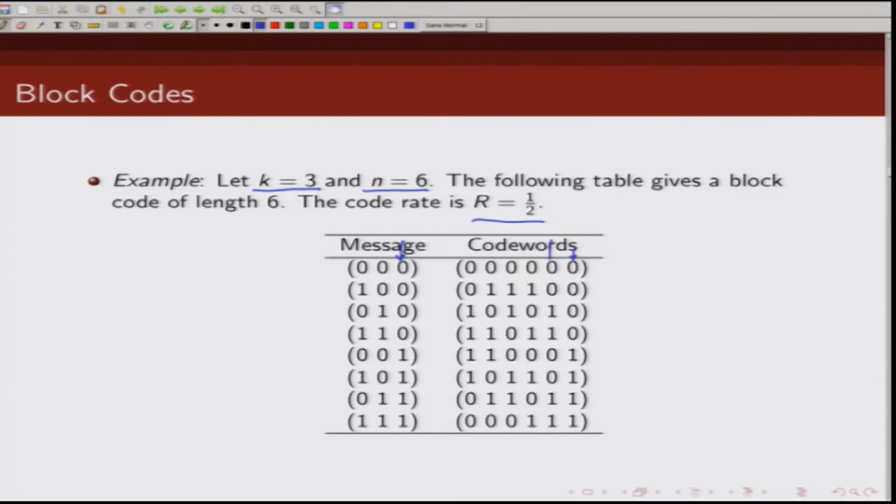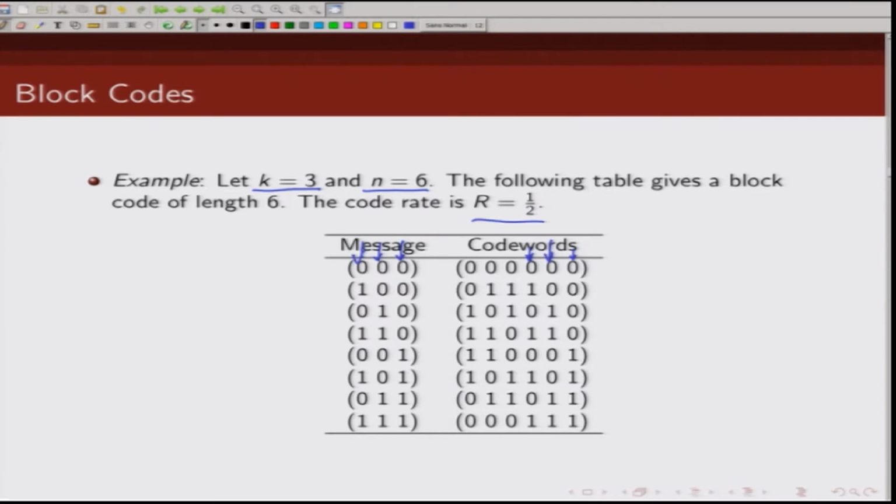Similarly, look at this one. This column is same as this column, 0 0 1 1 0 0 1 1, and this column is same as this column.